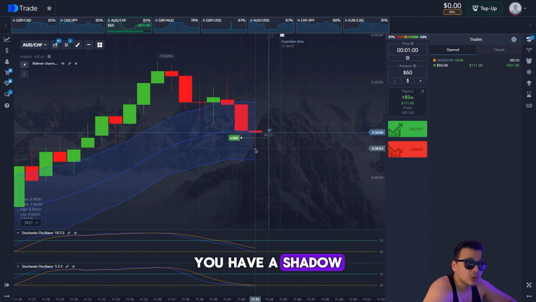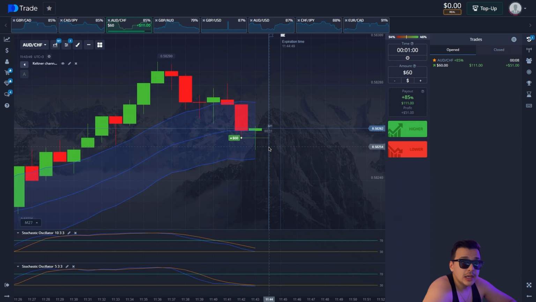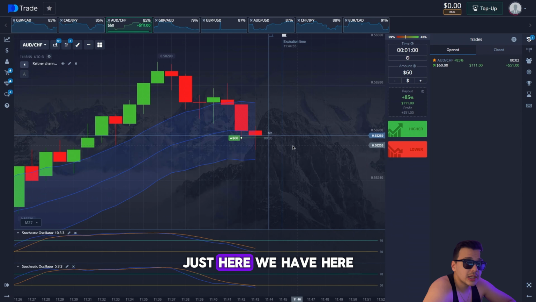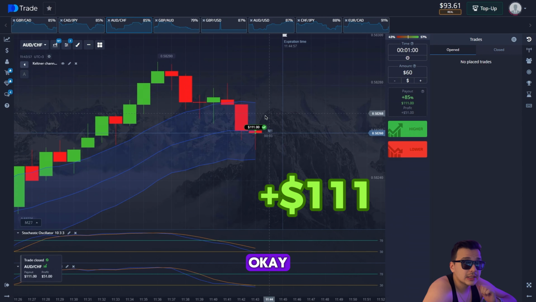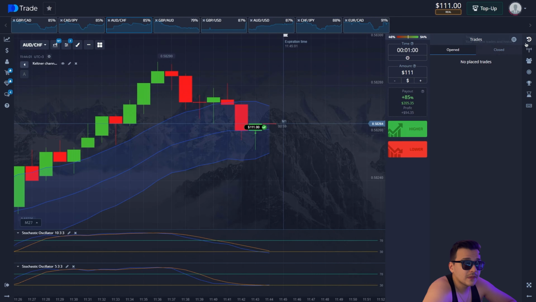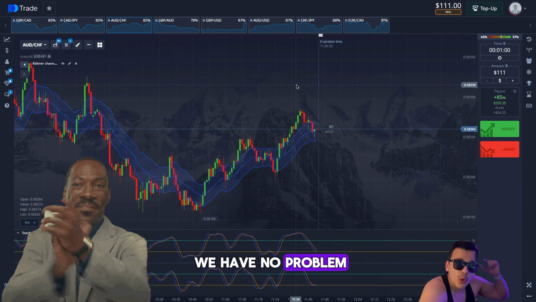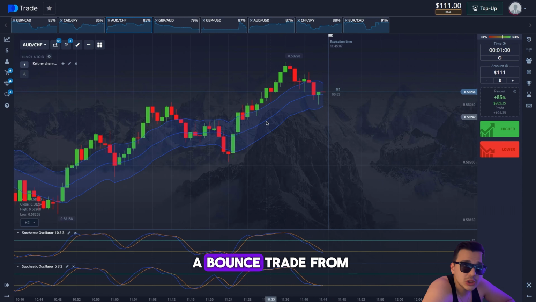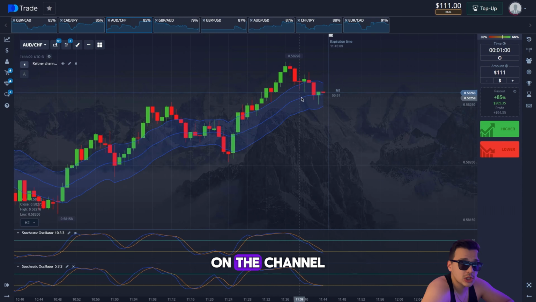We have a shadow not on a bad side. So, this trade, I'm sure we closed in plus. A good opening level just here we have. And the first trade we have no problem closing in plus. We have seen a bounce trade from the middle line of the channel.